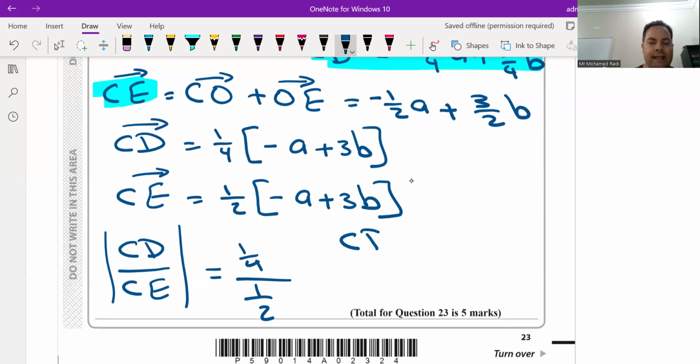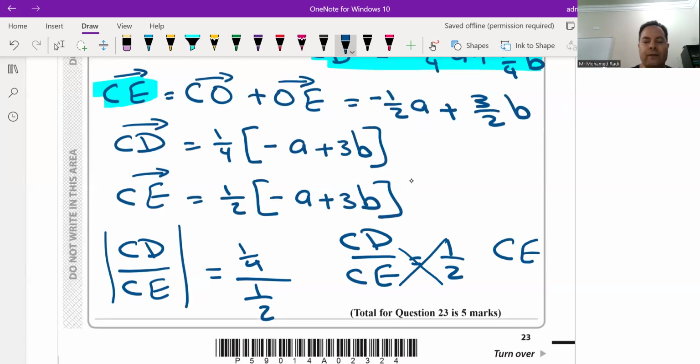So CD over CE in length, 1/4 divided by half, is multiplied by 2 over 1, and you will get 1 over 2. This means, by cross multiplication, that CE is double of CD.